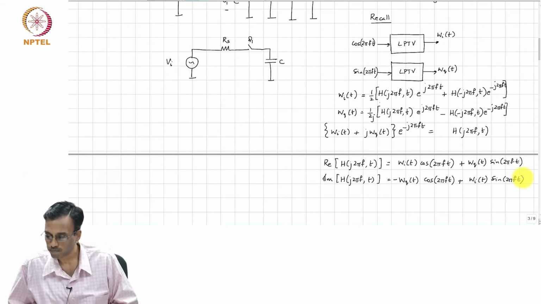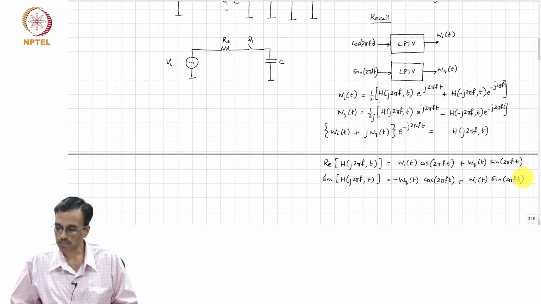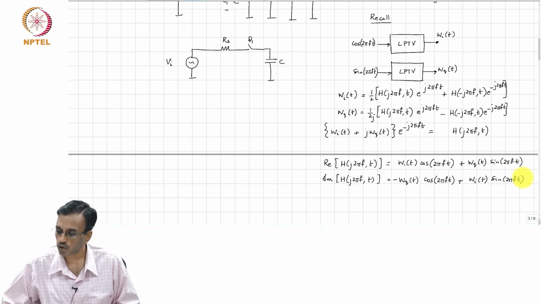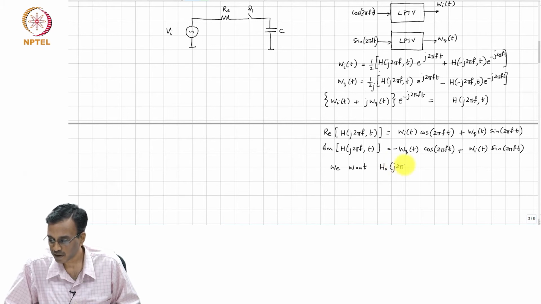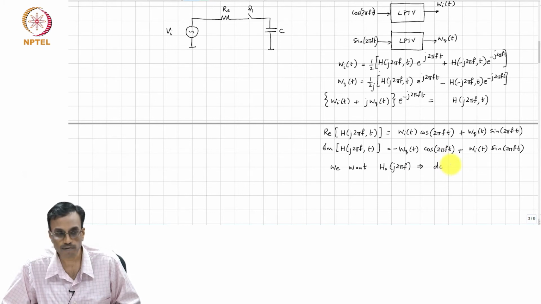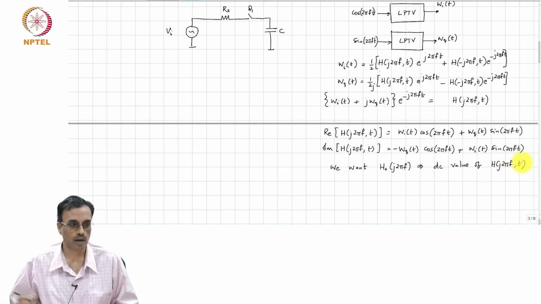All right. Now, if we want H0 of j 2 pi f, which is nothing but the DC value of H of j 2 pi f comma t, right.